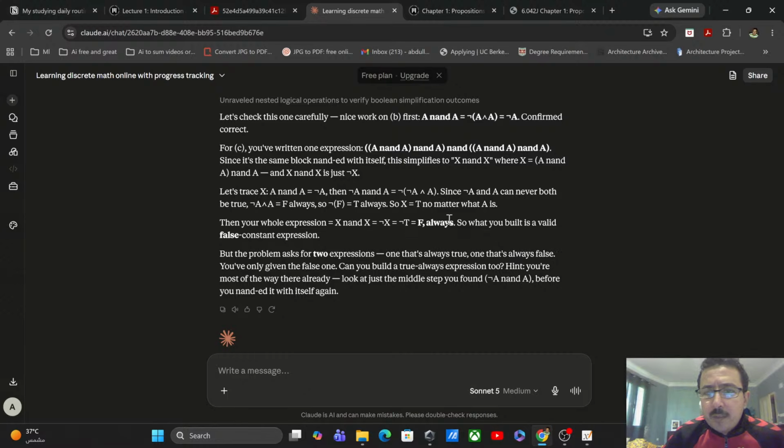So what you built is a valid, false, constant expression. But the problem asks for two expressions, one that's always true and one that's always false, only given the false. Can you build an always-true expression? You're most of the way there. Adjust the middle step you found. You named it with its own.